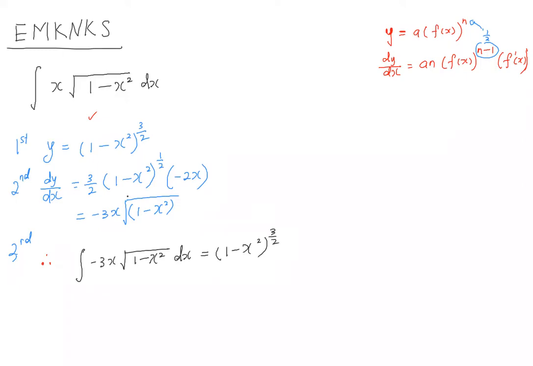But in my original problem, is there a negative 3 there? No. So what is the meaning of negative 3? It is negative 3 times. So automatically, I will write it as equal to negative 1/3 of this plus C. Am I right?